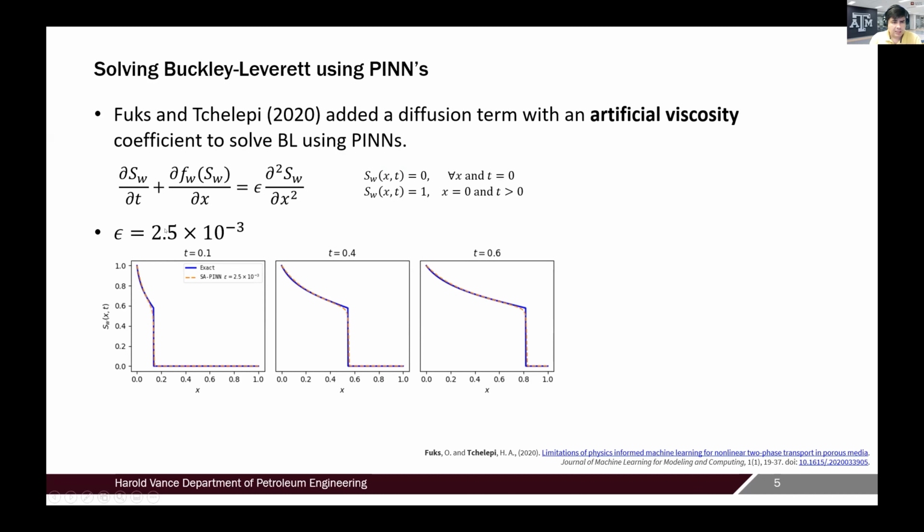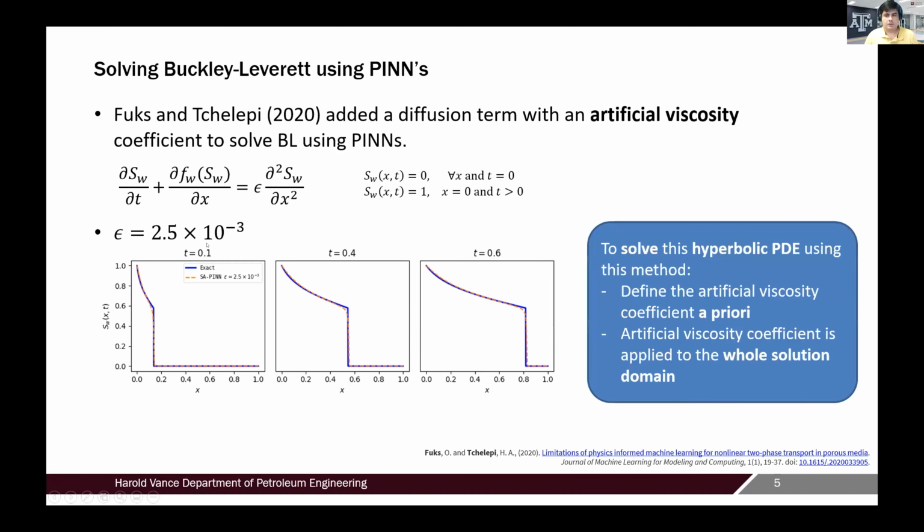However, you need to choose the value of the viscosity. As you can see here, the blue is my exact solution, solved by analytical methods, and the orange one is my solution using PINNs and this artificial viscosity with a chosen fixed viscosity value.